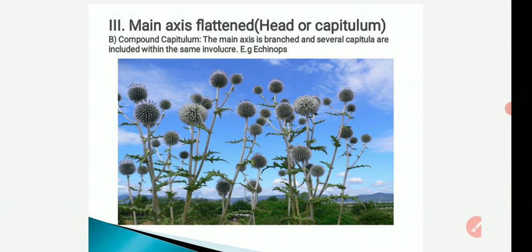In the case of main axis shortened, we have discussed two types, that is simple umbel and compound umbel. And lastly, in main axis flattened, there are again two types, that is simple capitulum or simple head type of inflorescence, and compound capitulum. So this is all about the racemose type of inflorescence.